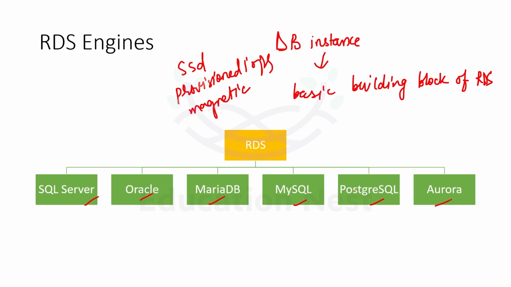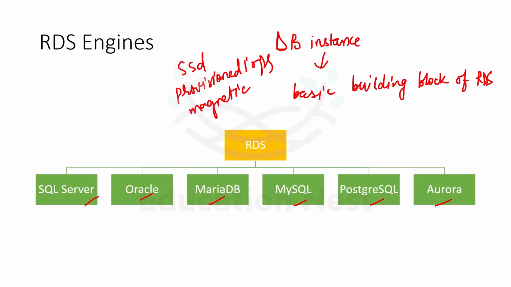So we have versions like Postgres version 14, we have Postgres version 10. We have these versions supported on AWS Postgres. Other older versions are deprecated and are no longer supported on AWS.